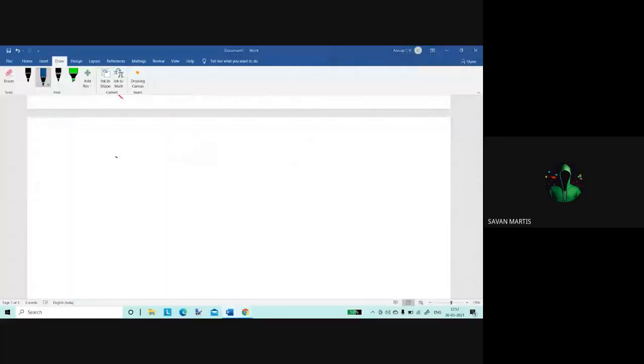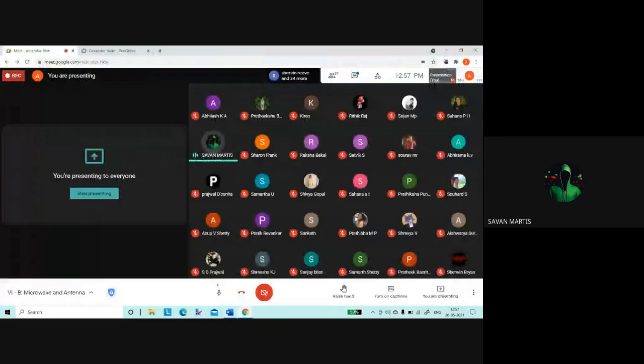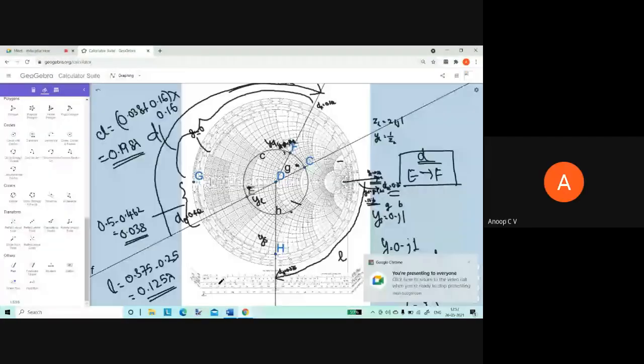When he solved, he did 1 by ZL and got 0.4 minus 0.2 J. But in this problem, we have taken 0.38 plus J 0.2, I guess. Okay, what was ZL? Once again, please.